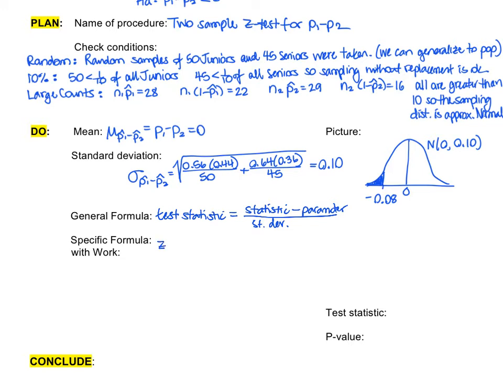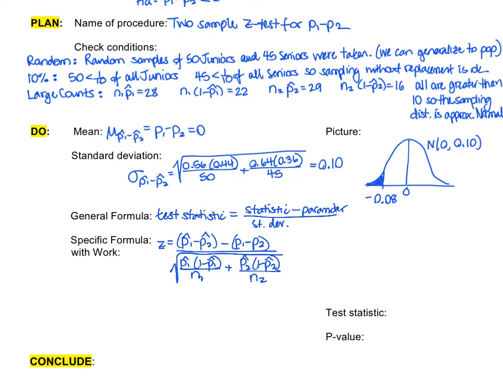So it's going to be z is equal to p1 hat minus p2 hat minus p1 minus p2 over the square root of p1 hat times 1 minus p1 hat over n1 plus p2 hat times 1 minus p2 hat over n2. So this is our standard deviation formula.